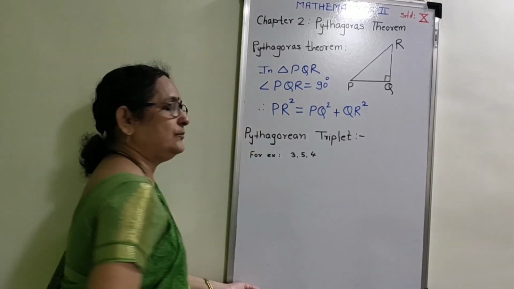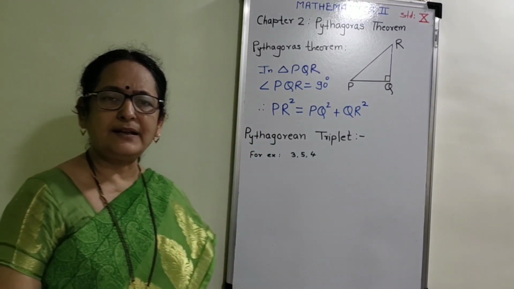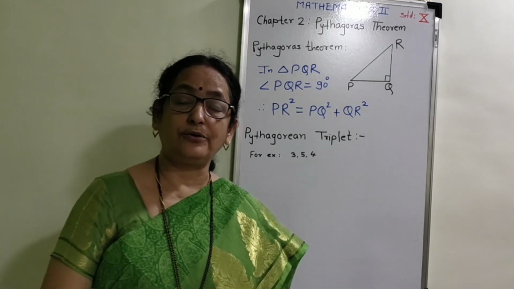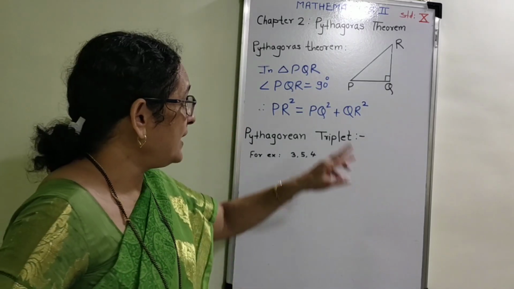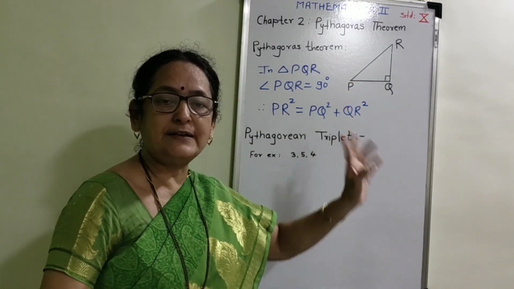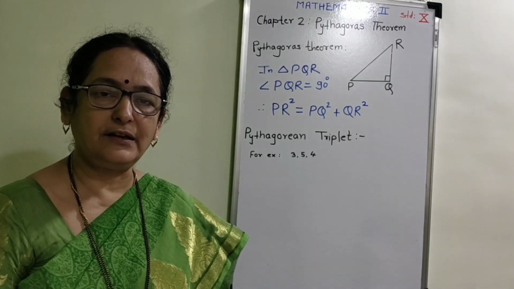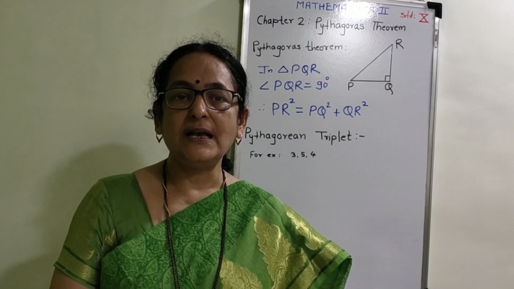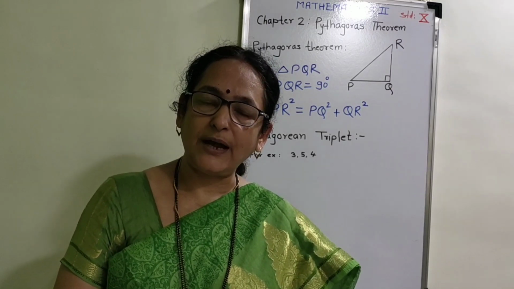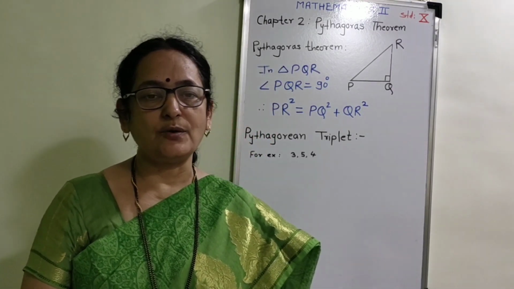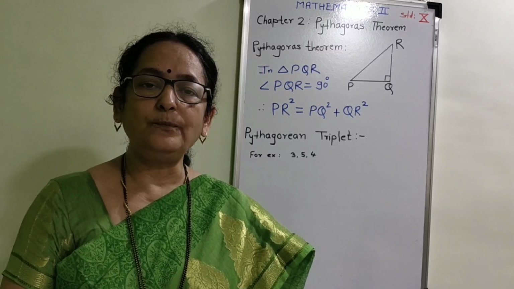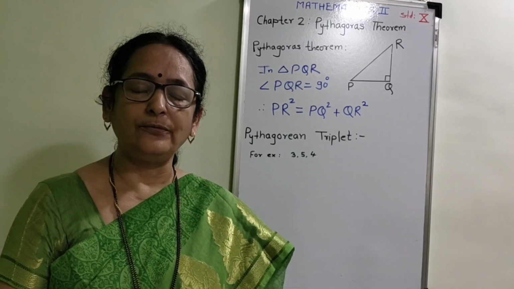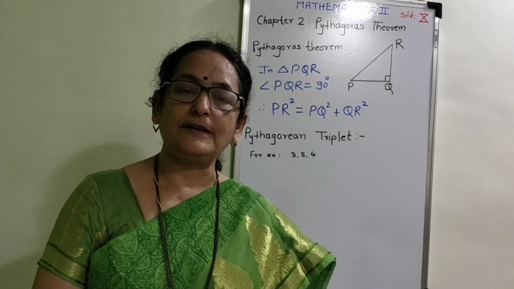In your exam, you will get simple examples for 1 mark or 2 marks where one or two sides of any right angle triangle are given and you are going to determine the remaining third side. Sometimes you are going to find out the hypotenuse, sometimes any one of the two perpendicular sides.